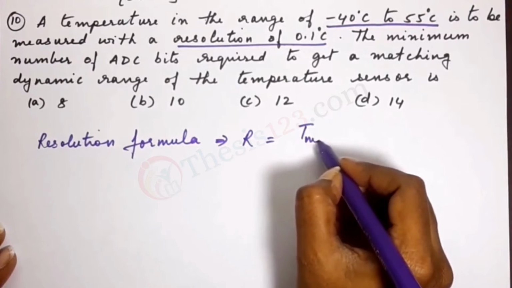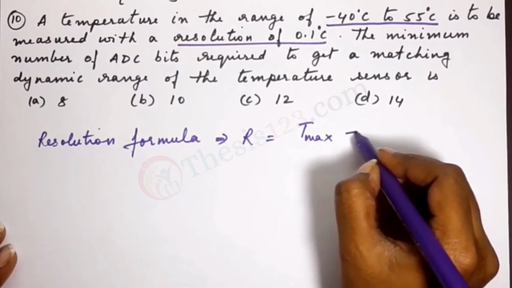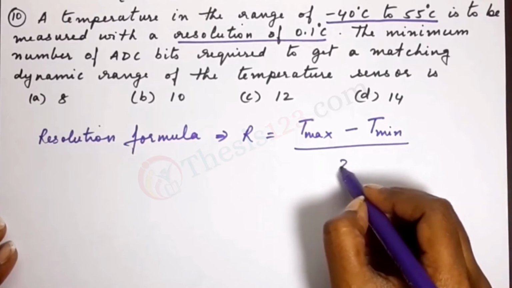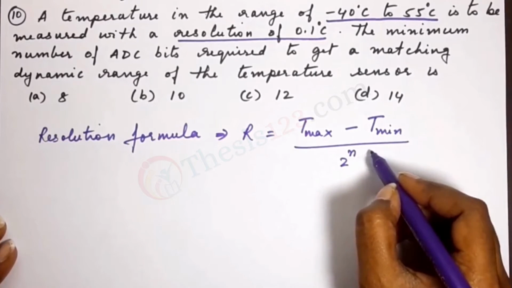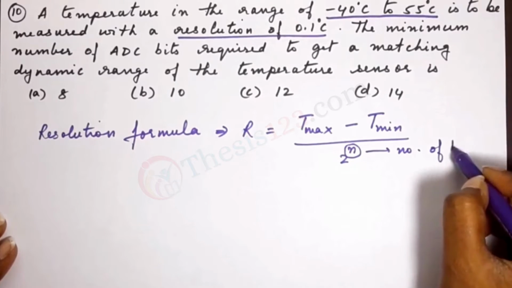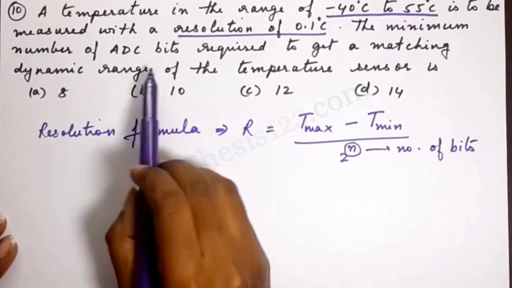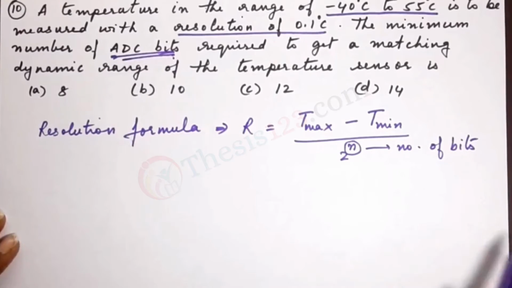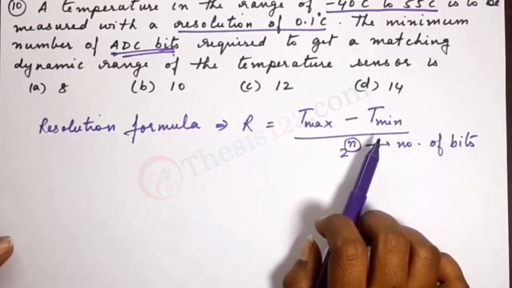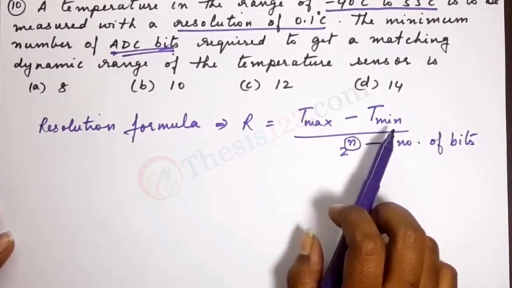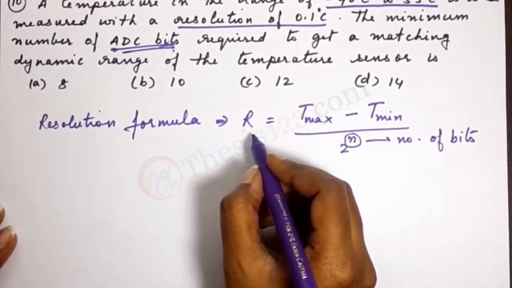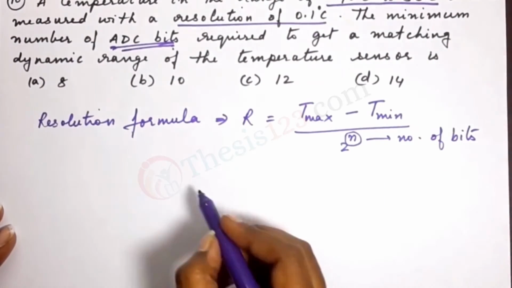Resolution equals T max, the maximum temperature, minus T min, the minimum temperature, divided by 2 power n, where n is the number of bits. That's what we're supposed to find. T max minus T min is the temperature difference given to us, and R is the resolution, given as 0.1 degree centigrade.